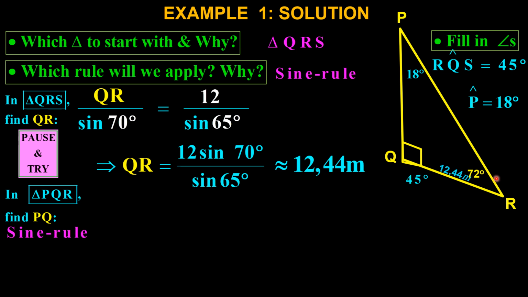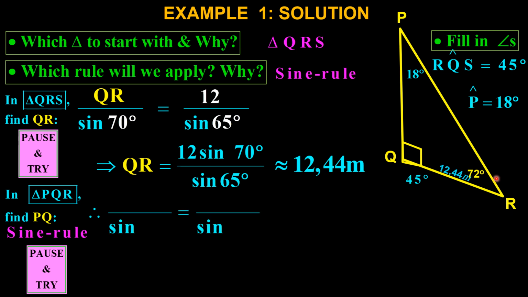Now let's pause the video again. You're going to use the sine rule again. Let's pause it and give you, by now you should know, 2 minutes. Okay, let's look at the solution. Again, we want a side length, so we use this version. PQ, insert. The angle opposite PQ is 72 degrees.